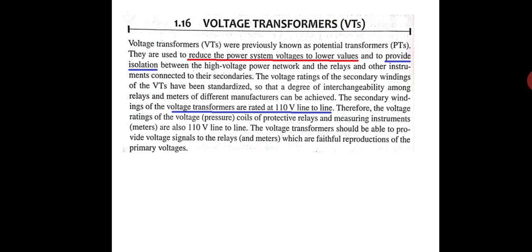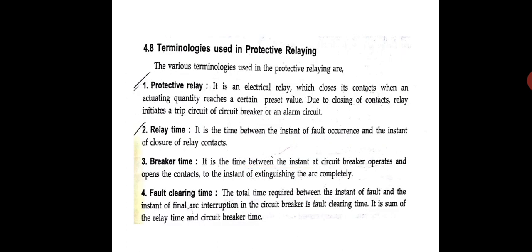Okay, 400 volts, 11 kV, 33 kV, 66 kV, whatever may be on the primary side, it will be stepped down to 110 volts as a standard, and supplied to the relay circuit, which is further involved in the protection system. Okay. So these are some of the terminologies which will be used further in your protective relaying scheme.